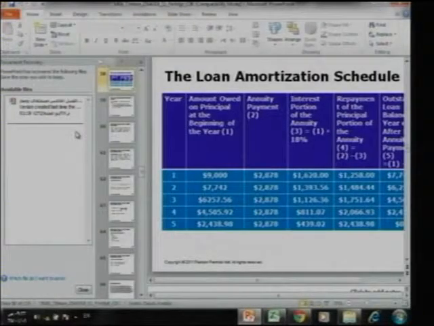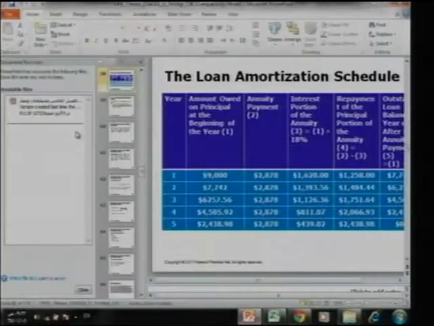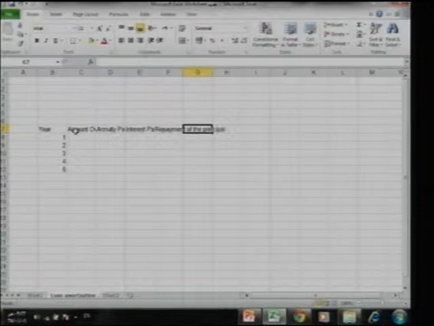And we have the repayment of the principal. And the last one, the outstanding balance.